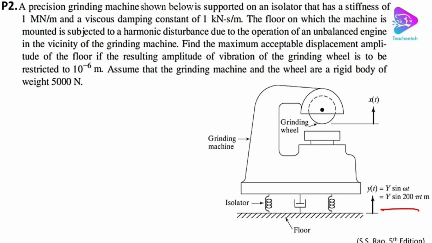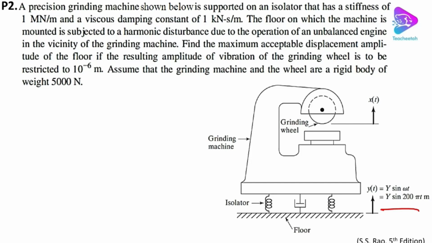Imagine the floor is affected by the motion of another machine, which causes vibration. This is pretty common at industrial levels: there is another machine which causes vibration in the floor, and the floor is also a base for another machine. So the vibration is transmitted to the machine that we are analyzing.